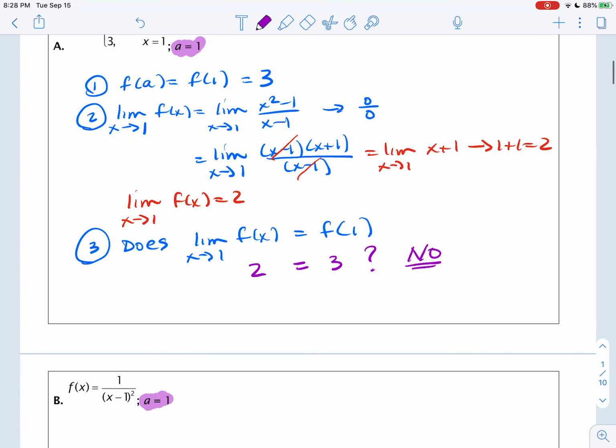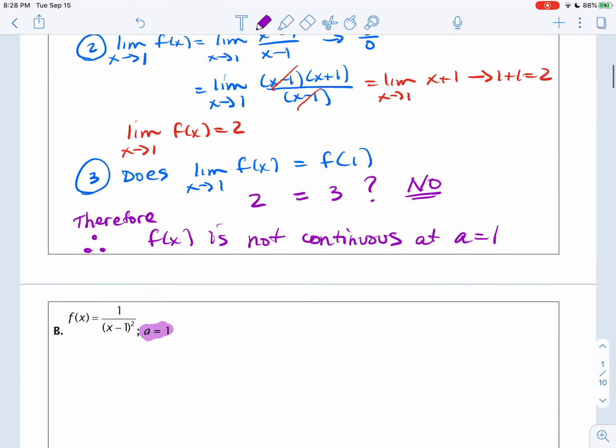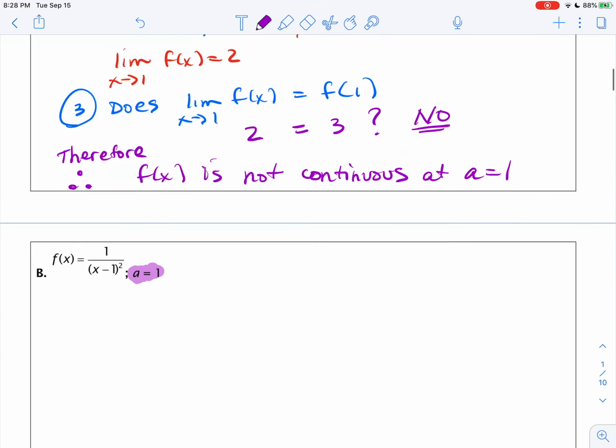And our answer is no, so we violate step 3, or criteria 3. And so our conclusion, which these little 3 dots mean therefore, f of x is not continuous, or discontinuous, at a equal to 1. Good.